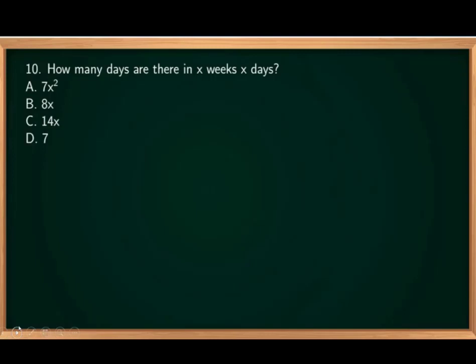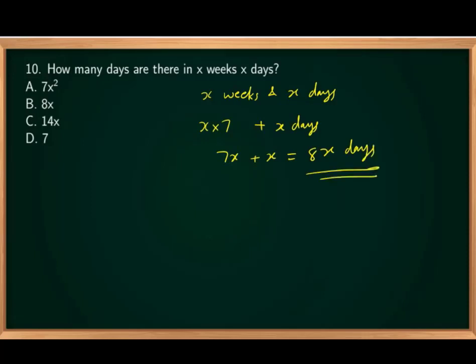Yes, correct, 8x. x weeks and x days. So x weeks means how many days? x into 7, since in one week 7 days are there. x into 7 plus x days is equal to 7x plus x, 8x. Total 8x days. Option B.